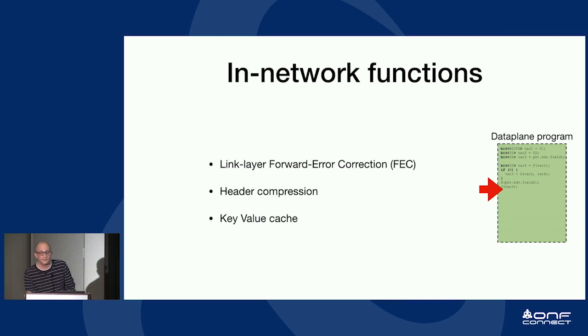The second thing we look at is header compression. This is meant to remove redundant information in order to save channel capacity. And here we don't have to look at the payload. We look at the headers and work out deltas to save space. And the third is an implementation of a cache for memcached.